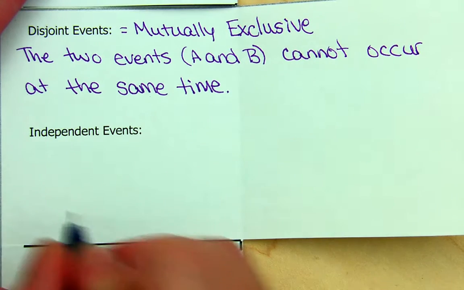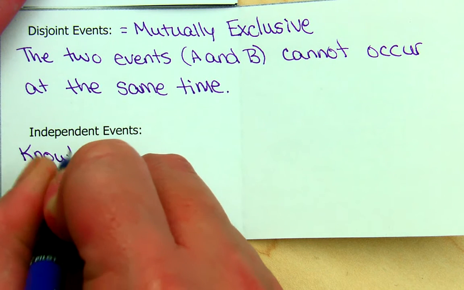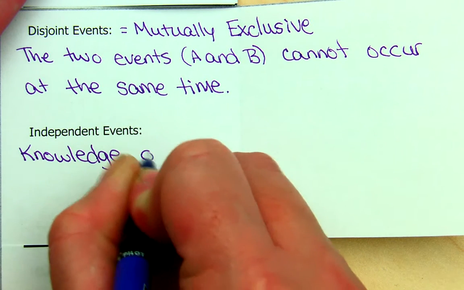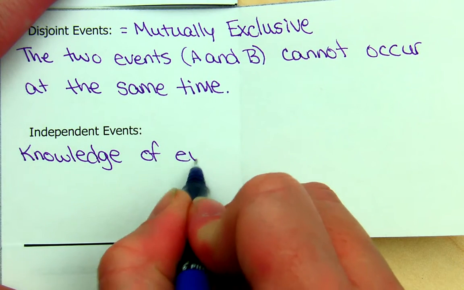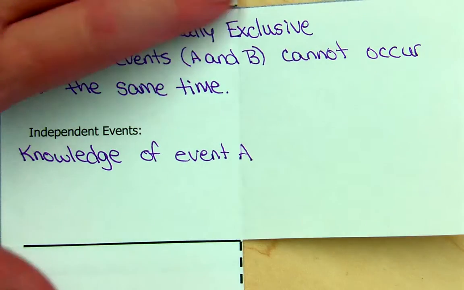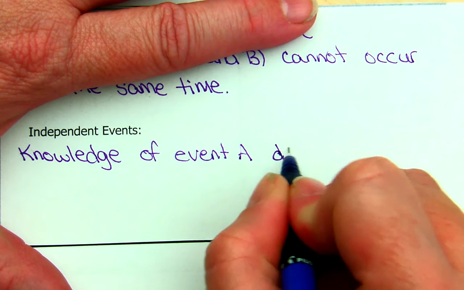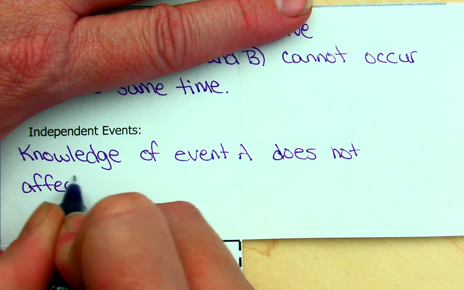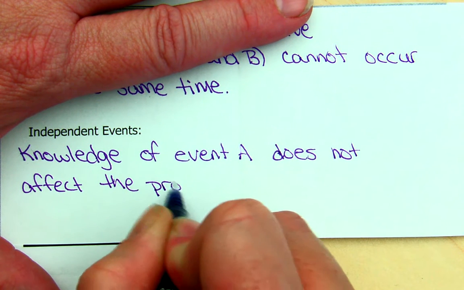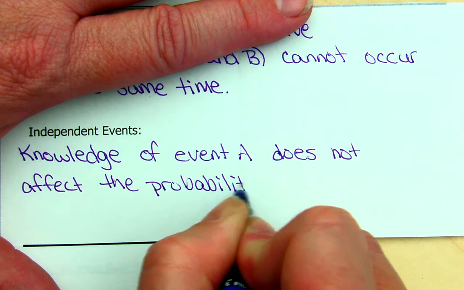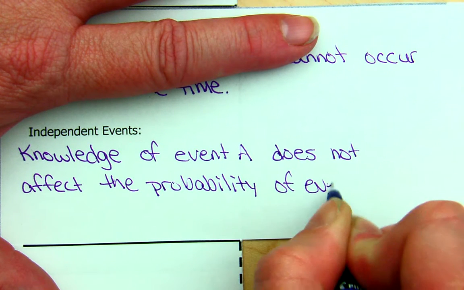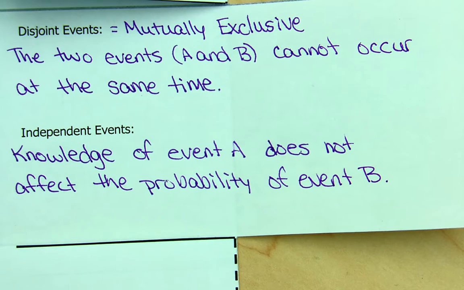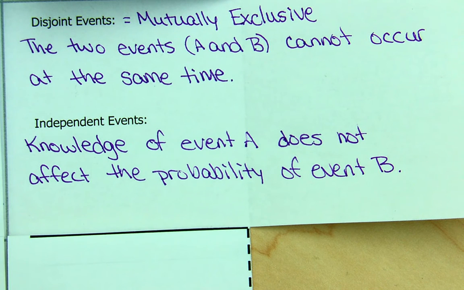Independent events are where knowledge of event A does not affect the probability of event B. Saying if I know what happened with the first thing that I was wanting to happen, that doesn't change the outcome of the next one.